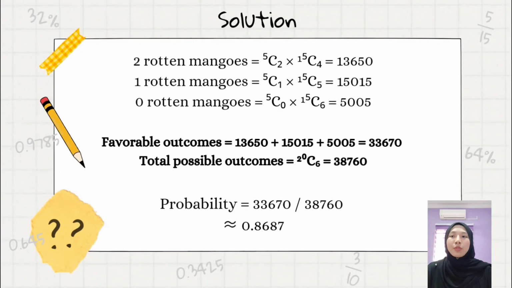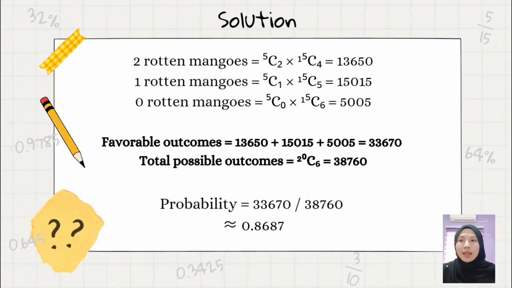So the total number of outcomes for this case is 5C0 multiplied with 15C6, and we get 5005. So the total of these favorable outcomes we get is 33,670.